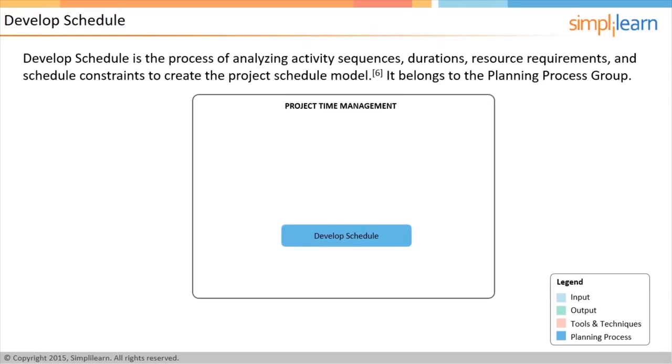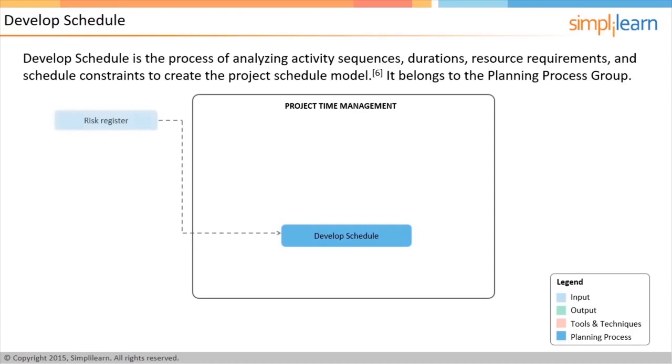Developing a project schedule is an iterative process. Revising and maintaining a realistic schedule is a task in itself, and it continues throughout the project as the work progresses. Most of the inputs of this process are the outputs of the estimate activity durations process.